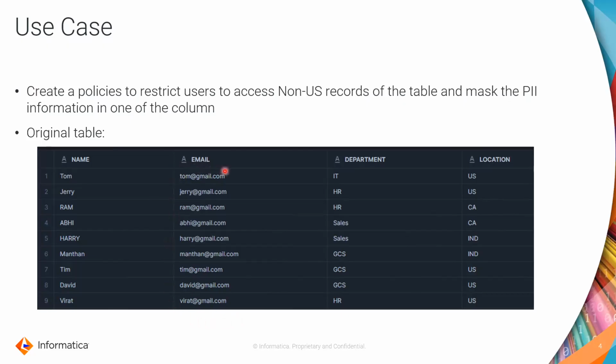We'll consider the email ID as PII information, and we'll construct a few policies and rules to mask it, so that whenever a user requests and views the data, they won't be able to see the email IDs of the users, nor the records which do not belong to the location US.